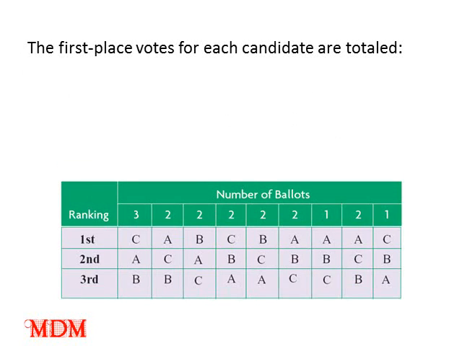The first place votes for each candidate are totaled. Alice has 7 first place votes. Finding the A on the first row, we have Alice has 2 here, 2 more, 1 more, and 2 more, giving a total of 7.